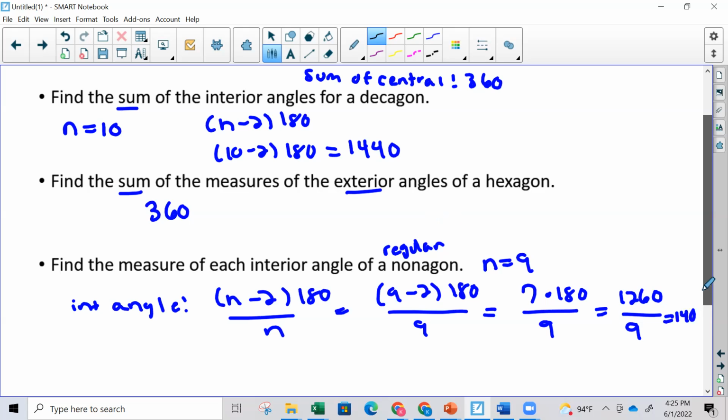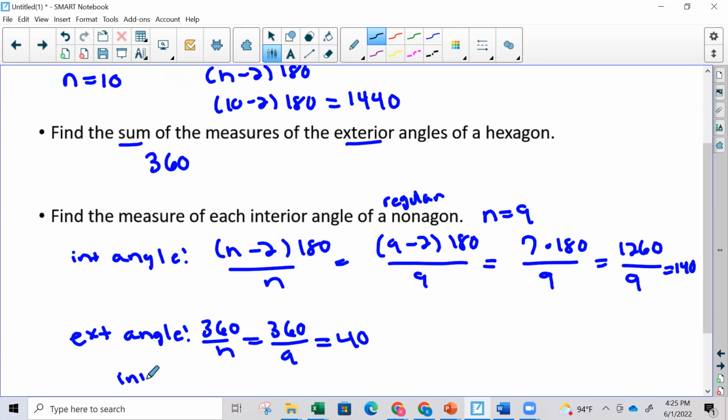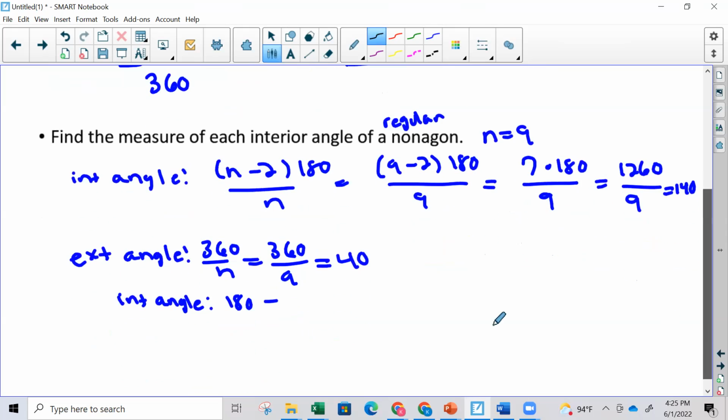Now, if you don't like that formula, you can always find the exterior angle, because that's a little bit easier formula, which again is 360 divided by n. So you could do 360 divided by 9, which is 40. And then to find the interior angle, if we know the exterior, we can do 180 minus that exterior angle.